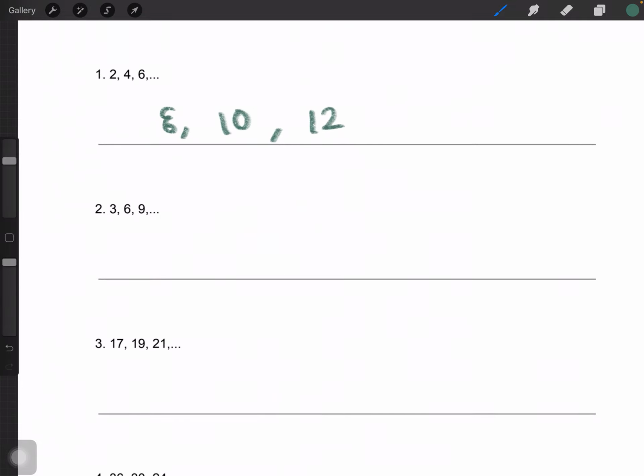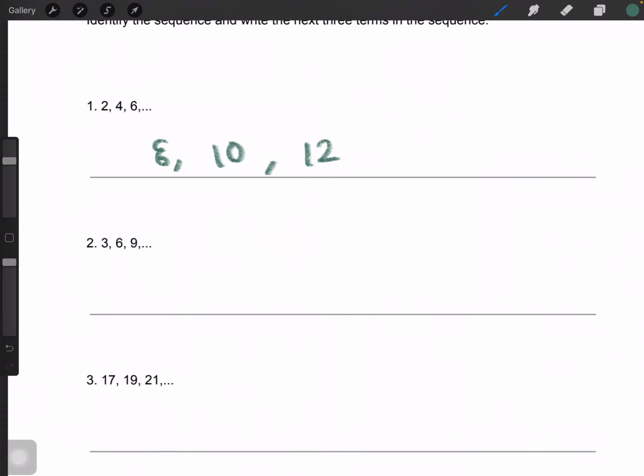And the second one, you can either say that we're adding 3 to each one or that they are multiples of 3, but we're just going to say that we can go by each one. This one I went by you're adding 2. This one I'd say multiples of 3. So you know multiples of 3, 6, 9, 12, 15, and 18, and so forth.